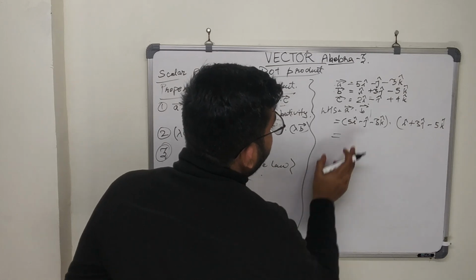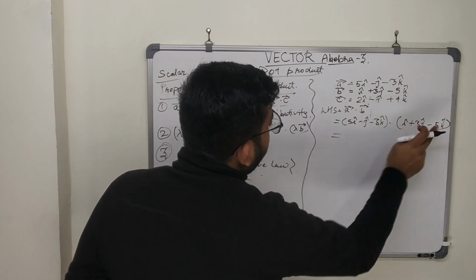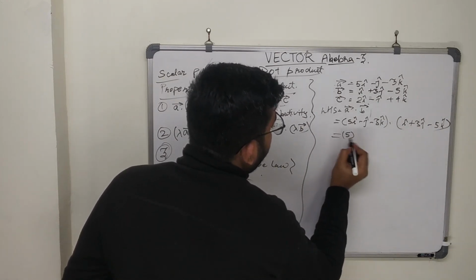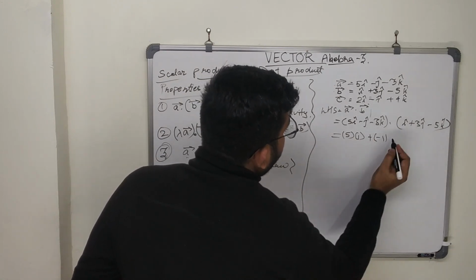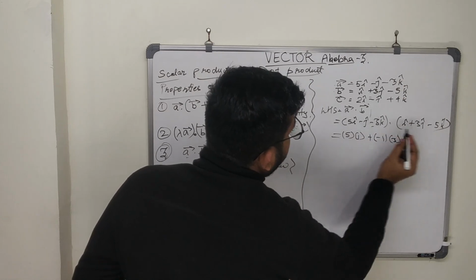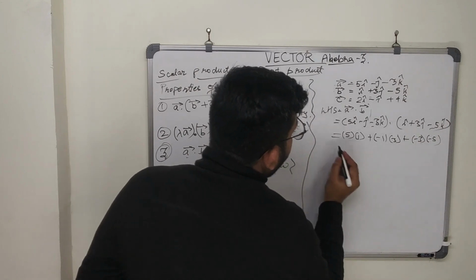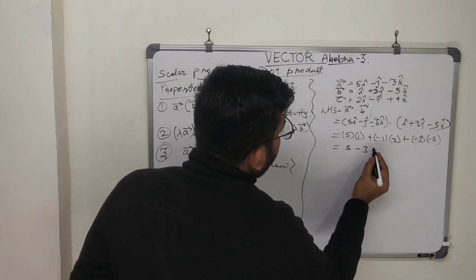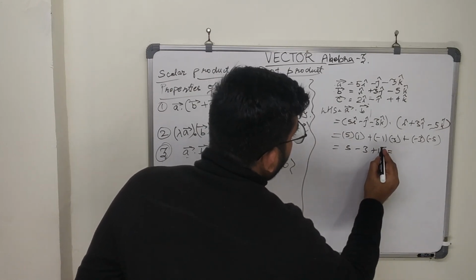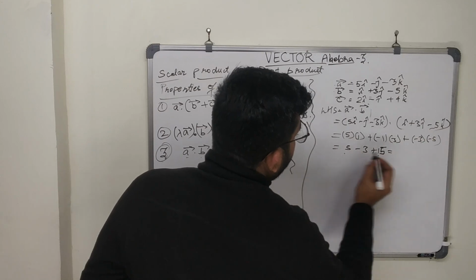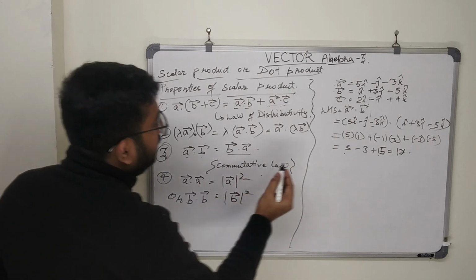So now finding the dot product, that is a1 b1 plus a2 b2 plus a3 b3, that is 5 into 1 plus minus 1 into 3 plus minus 3 into minus 5. We simplify: 5 minus 3 plus 15, that is equal to 17.